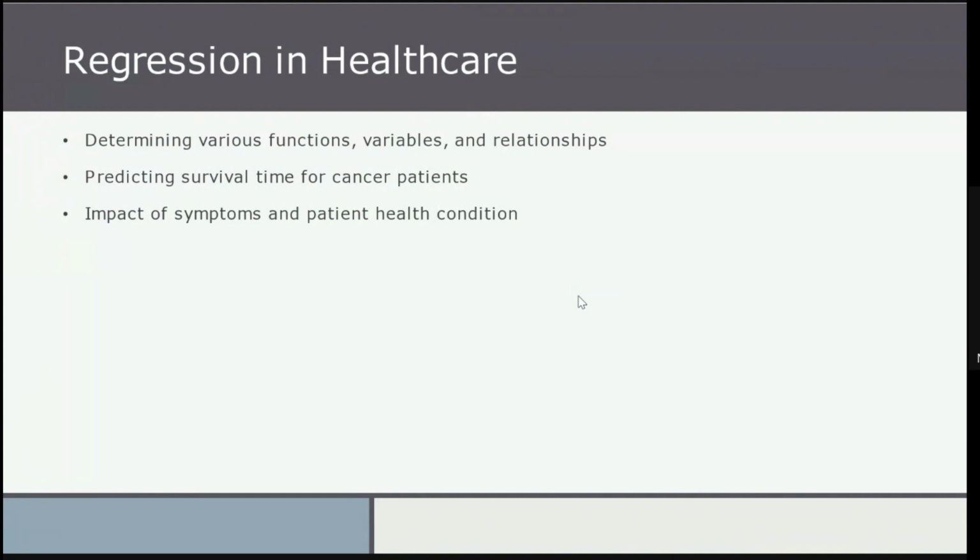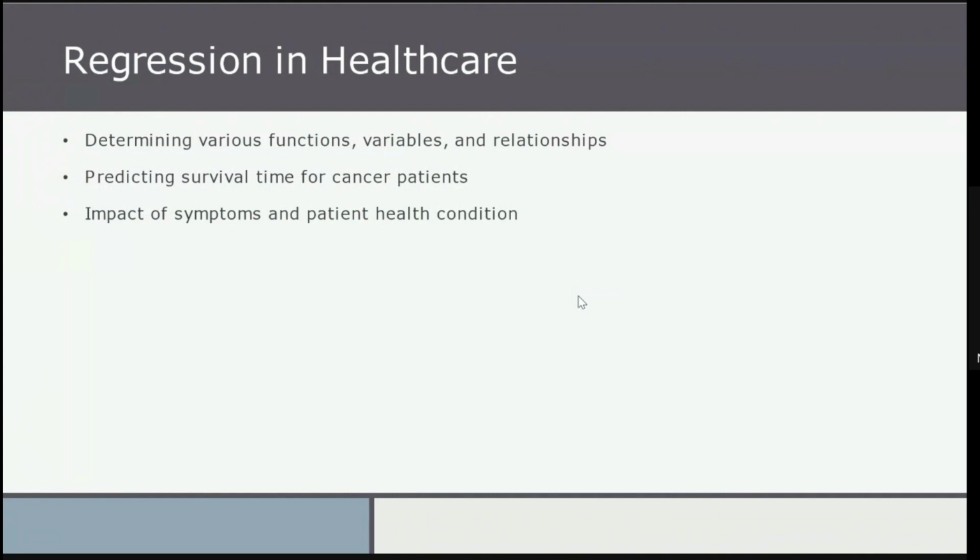All these tools in statistics are divided. Why are we using data mining? Because we also want to predict the survival rate of the patient, especially in the case of cancer patients, and also try to understand the impact of symptoms and the patient's health condition.